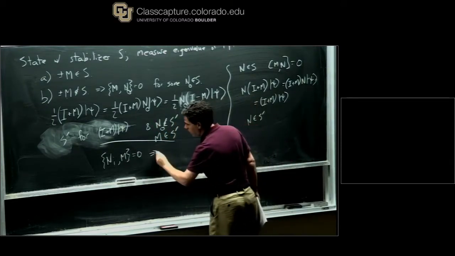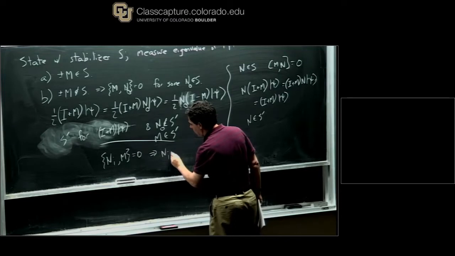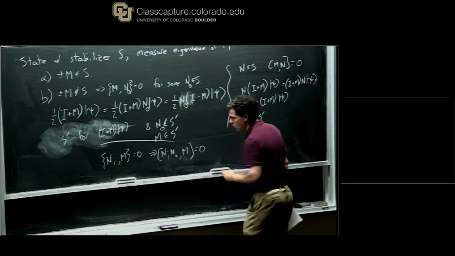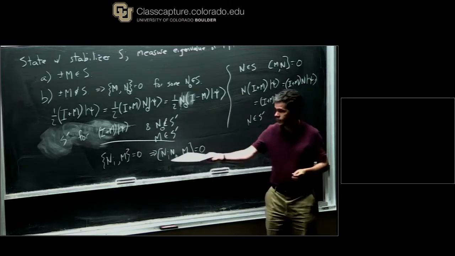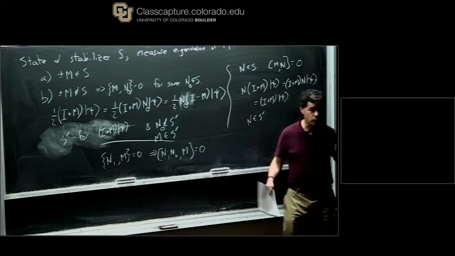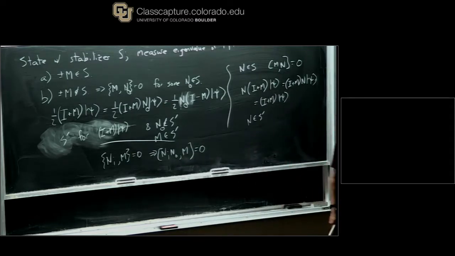Well, then it implies that ni and n0 will commute with m. Why? Well, when we move n0 past m, we get one factor of minus 1. And when we move ni past, we get another factor of minus 1. So we get overall plus 1, and the whole thing commutes. Okay?